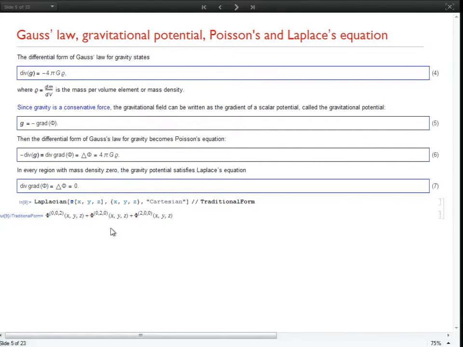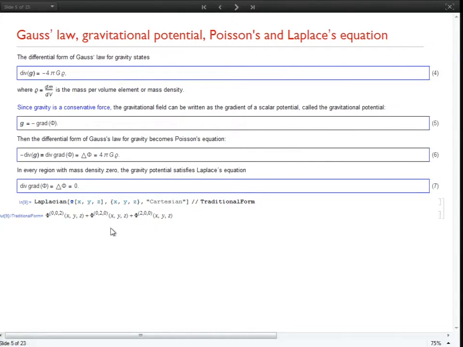Then you can combine these two equations into a single equation, namely the divergence of the gradient of phi, which is the Laplacian, is 4 pi times G times rho. And in every region where the mass density is 0, you get the simple Laplace equation: the divergence of the gradient of phi is 0.